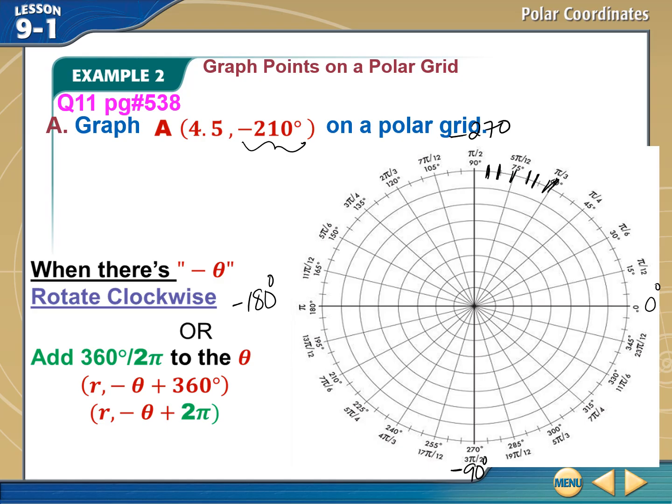So you have to know your circle first, the distance from here to here is 15.